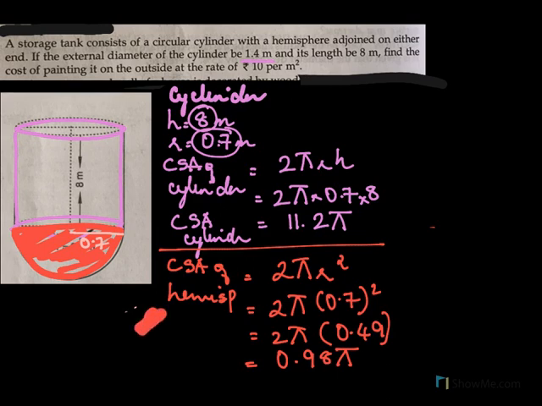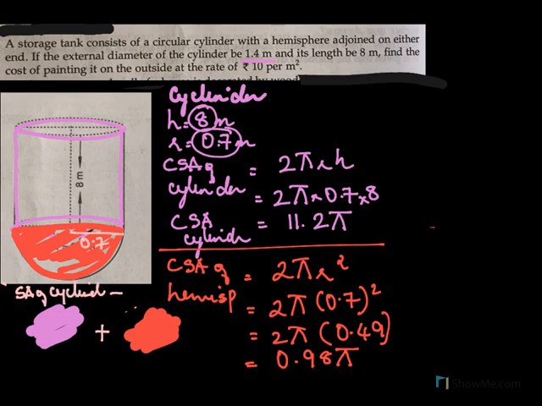For the next step, we need to add up both. We need to add that of the hemisphere plus that of the cylinder. So the TSA will be surface area of cylinder plus of hemisphere. And of the cylinder we already know is 11.2 pi, and this is 0.98 pi.